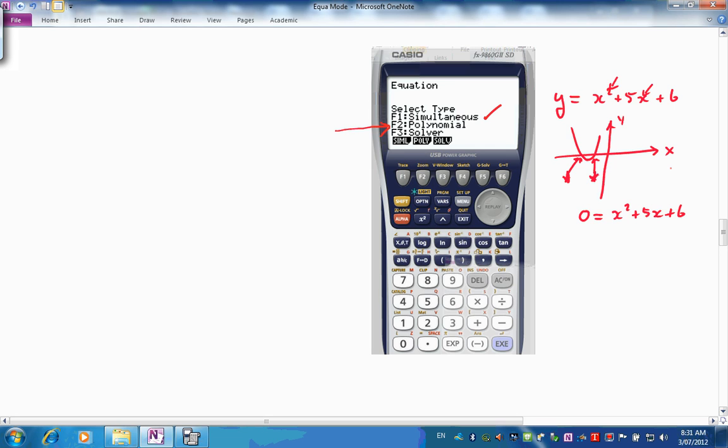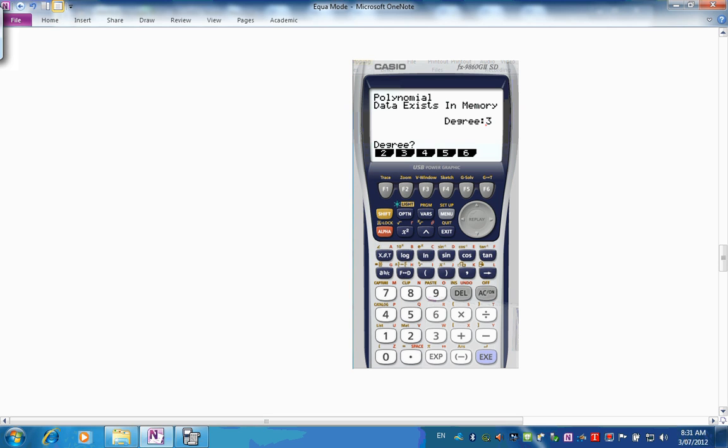So we want to now solve this equation. So let's see if we can choose polynomial now, let's choose by hitting F2. And again, we are told that data exists in the memory. That doesn't matter. We can overwrite that.